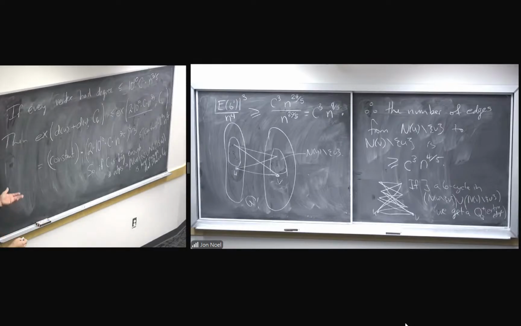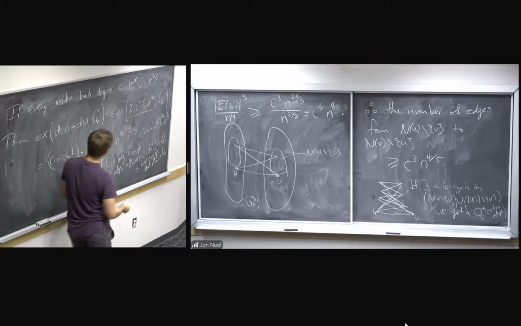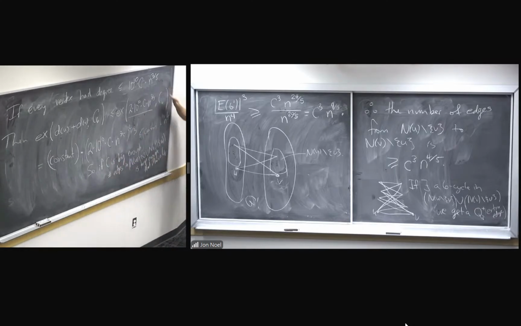But we don't have this guarantee. All we knew about the graph is it has a lot of edges, but there could be vertices of very high degree, vertices of very low degree. You can't really guarantee that every vertex has small degree, or degree bounded by some constant times the average degree. But there's a technical lemma that allows us to do this.